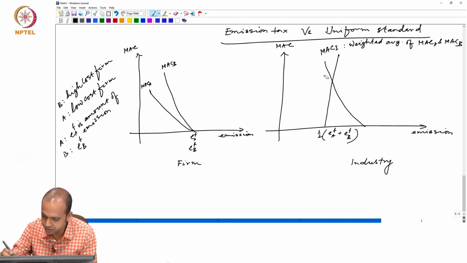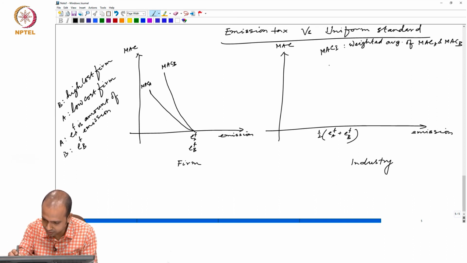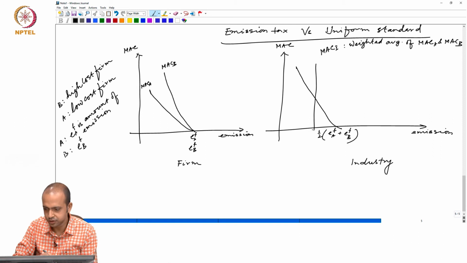Sorry, I will draw this diagram a little differently, and instead of this, let us say that, and yeah, this is the amount.